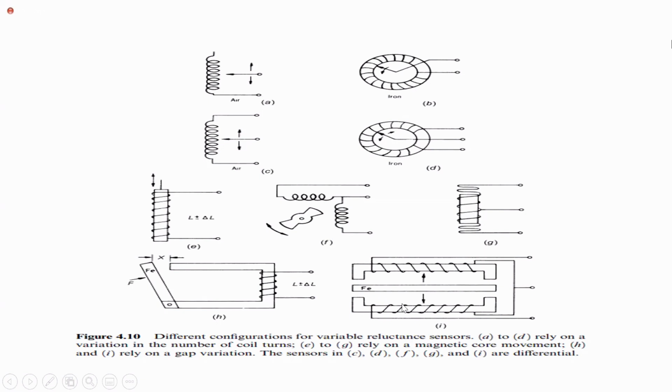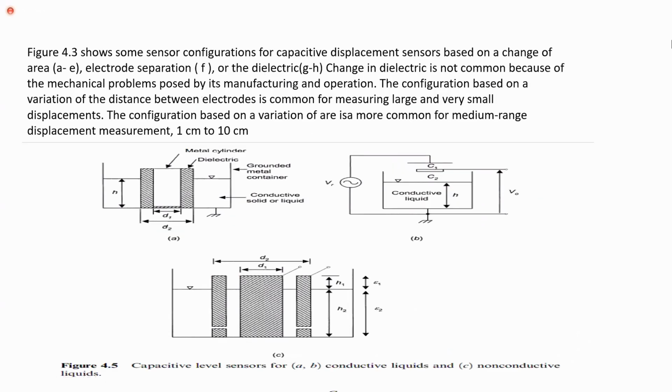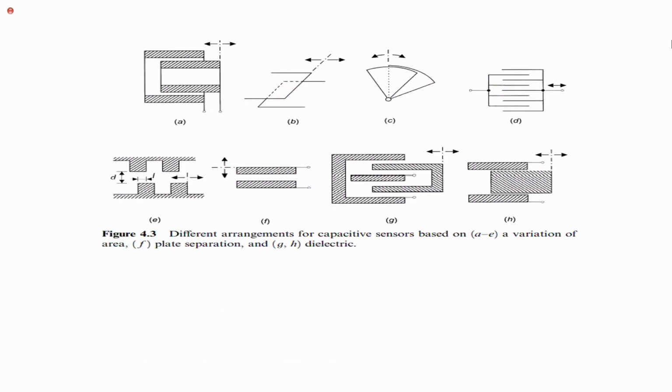And in the last figure also, if we move core top and bottom, we will get different inductance in both coils. So these are the capacitive type of sensors, and these are the inductive type sensors.